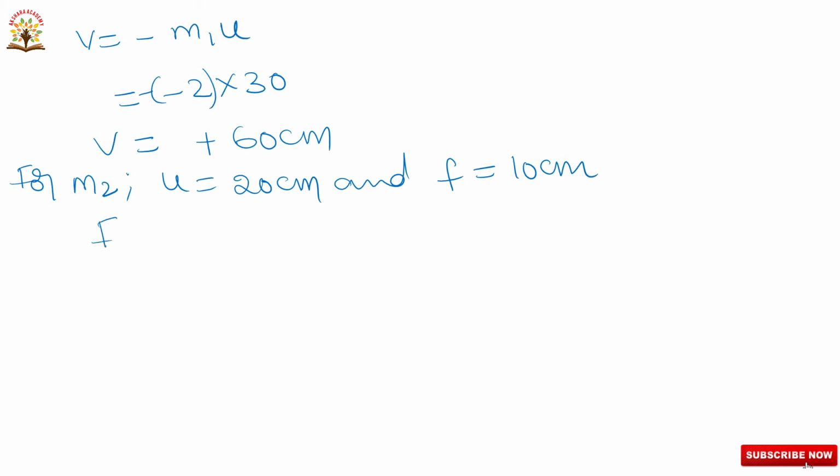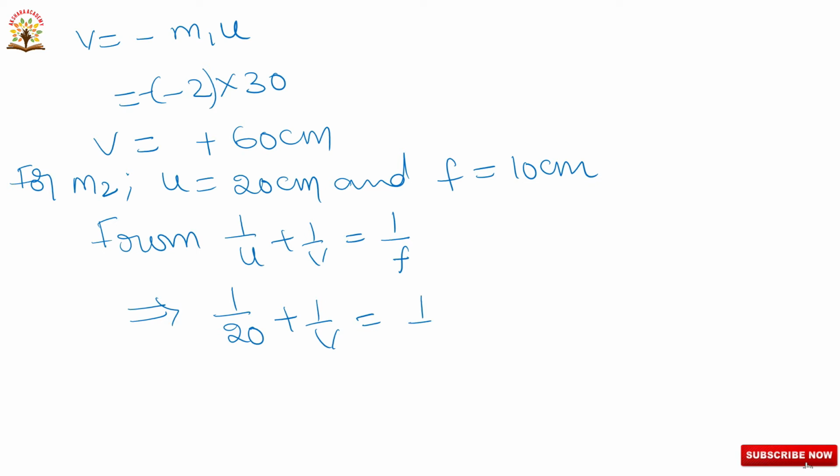From the mirror formula, 1 by U plus 1 by V is equal to 1 by F. Now substituting values, 1 by 20 plus 1 by V is equal to 1 by F, where F is given as 10 centimeters, so 1 by 10. 1 by V is equal to minus 1 by 20 plus 1 by 10.